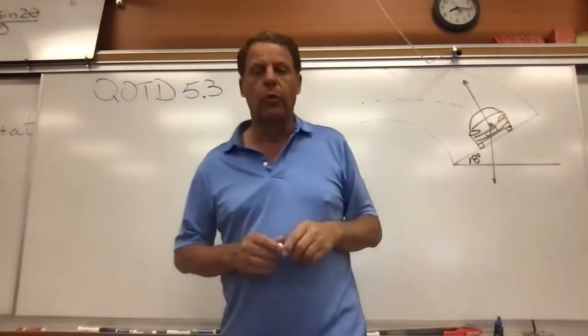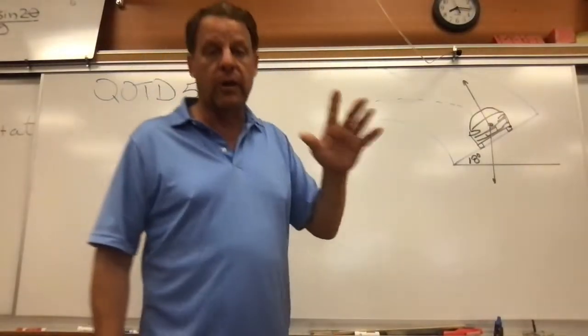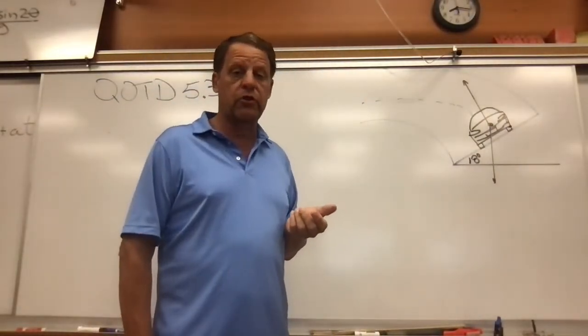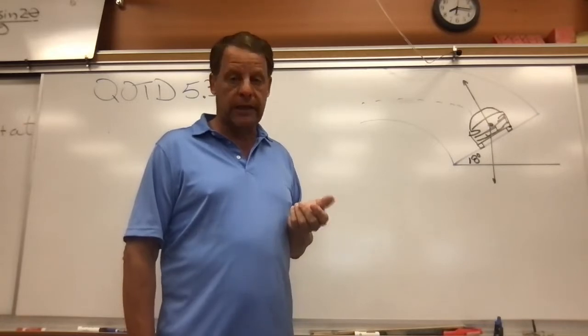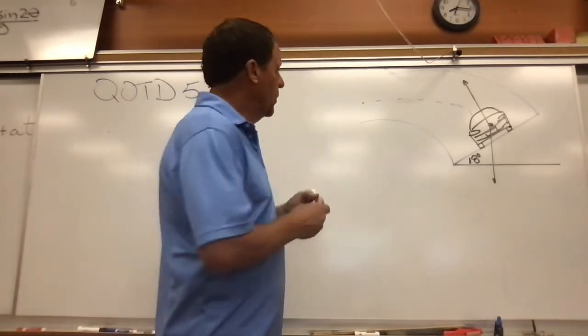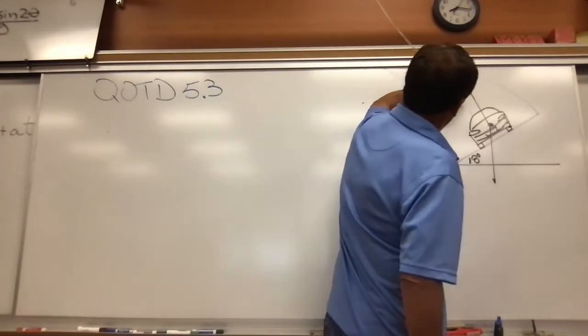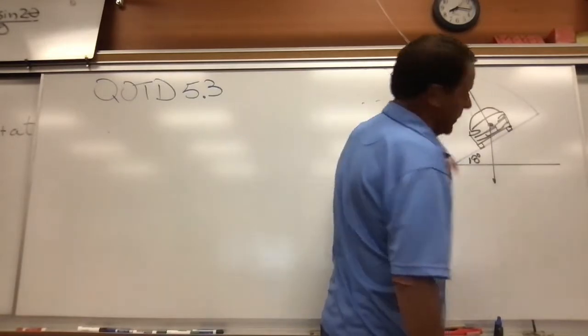One of the key things, as always, for this last chapter and this chapter, is drawing a free body diagram. This time we're going to have the normal force here.